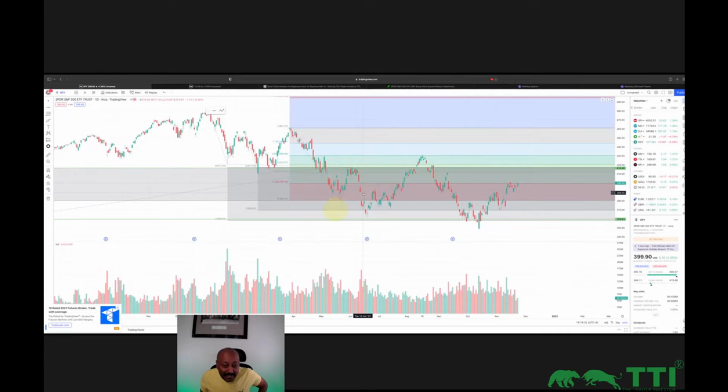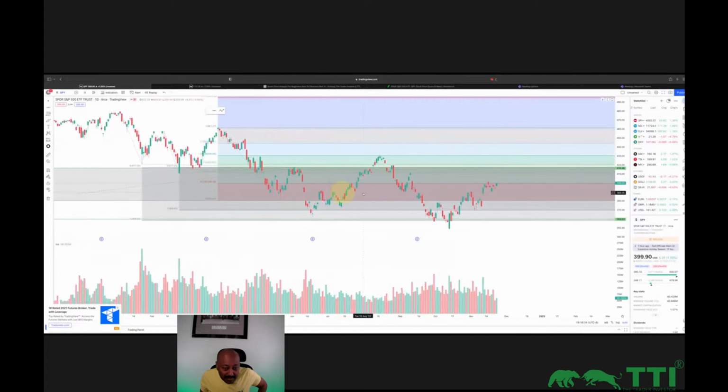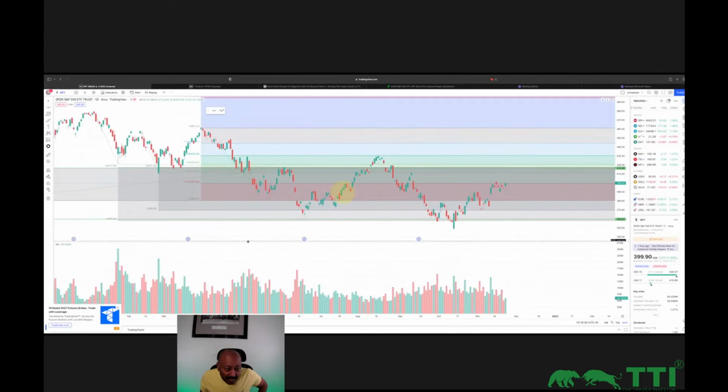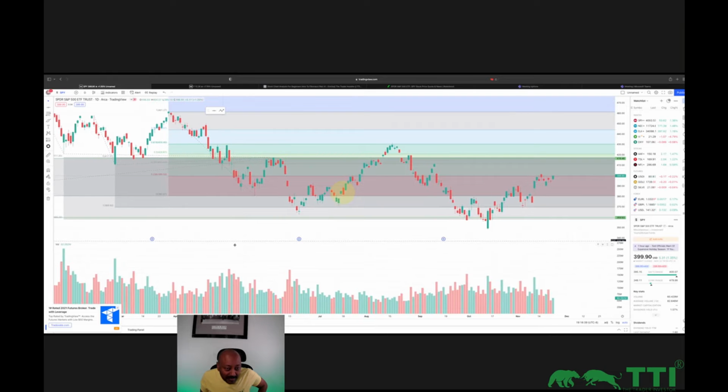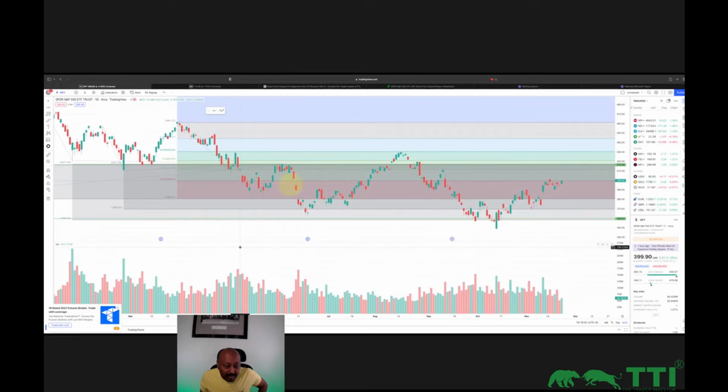So where exactly would your entry point be, specifically, if you were to do it? So you see where it consolidated up above? Yeah. And then the red bar, that bar right there, when that bar breaks the low of that consolidation, that's where I would enter.